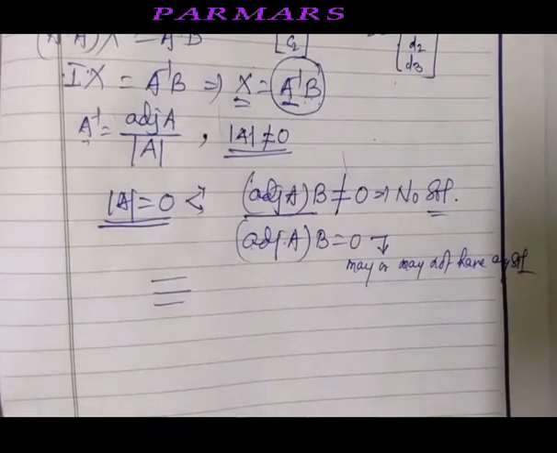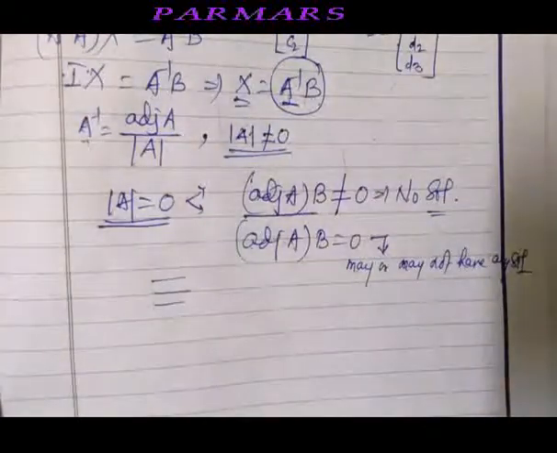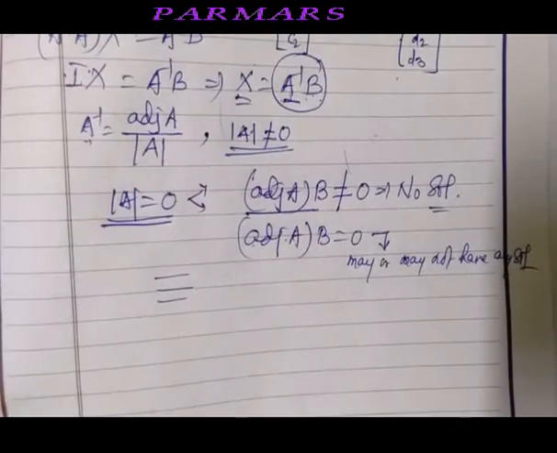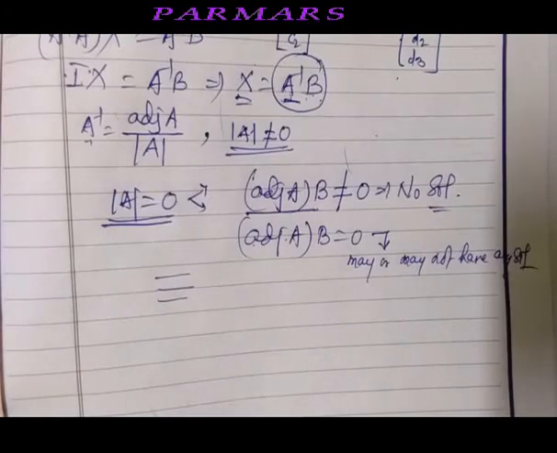If the third equation gets satisfied with the values of x, y, z in terms of k, then the system has infinitely many solutions. Or if the third equation is not satisfied by the values of x, y, z in terms of k, then we say that again the system has no solution.